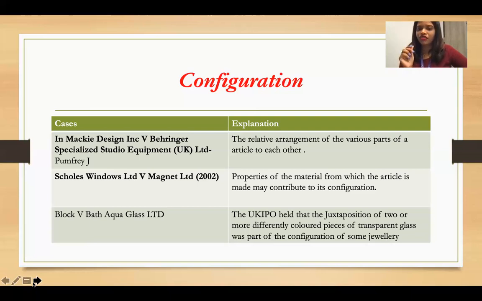Even the properties of the materials can be considered a configuration, like whether it is aluminium or anything else. Or in the case of Block, two different transparent glasses put together can be considered a configuration. So anything that is combined together, two different things put together, can be considered a configuration.